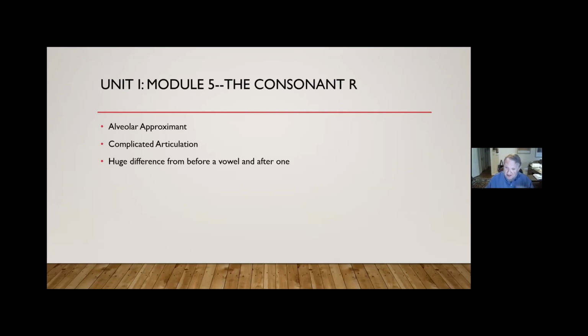And we'll explain why that's a fact about English later on. But notice that this difference between R before vowels and after vowels is one of the major differences in the dialects of English. Some British dialects significantly reduce the R after vowels, and even more when the vowel has an R after it at the end of a word.